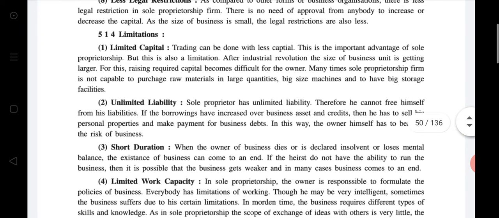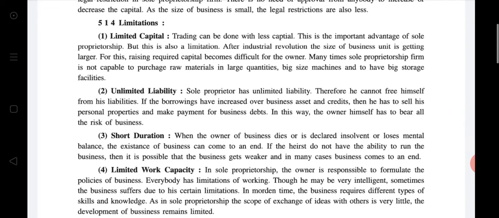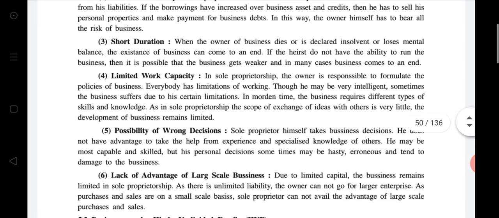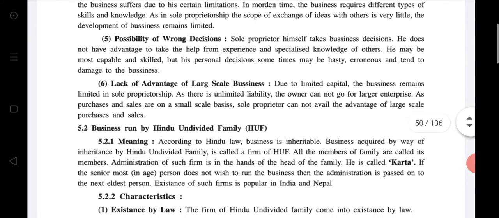The limitations of sole proprietorship: limited capital, unlimited liability, short duration, limited work capacity, possibility of wrong decision, and lack of advantage of large scale business.